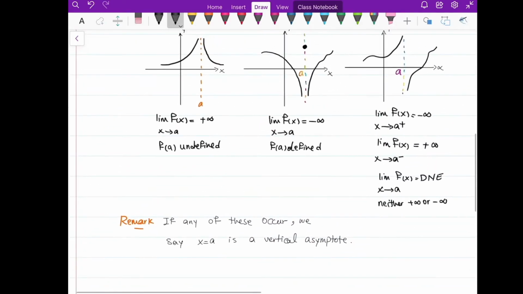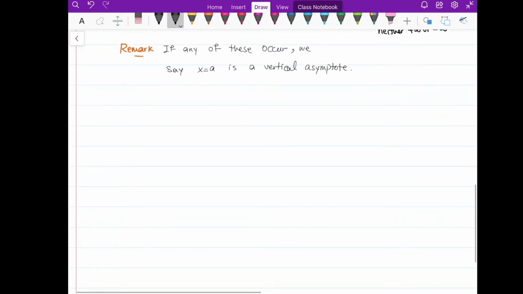Okay, so in any of these cases, we have a vertical asymptote of x equals a because the function is getting closer to a, and when x is getting closer to a, the function is going to infinity. That's an asymptote. Let's look at some examples.